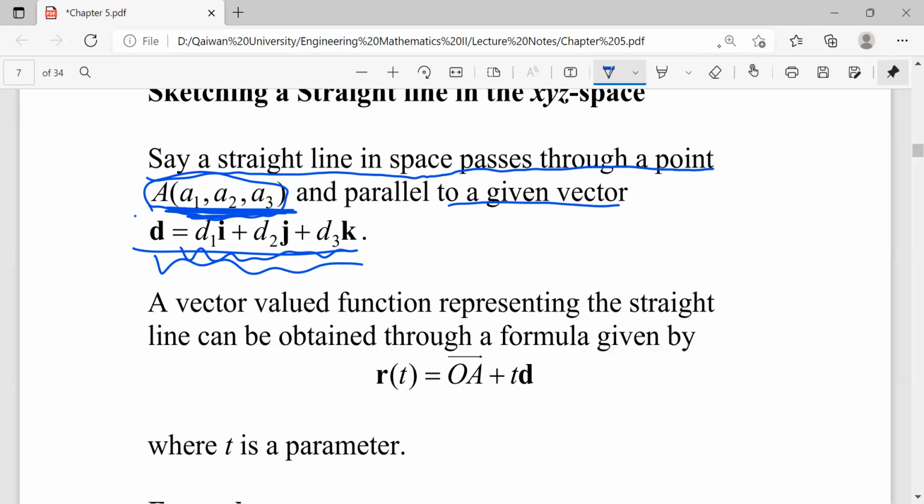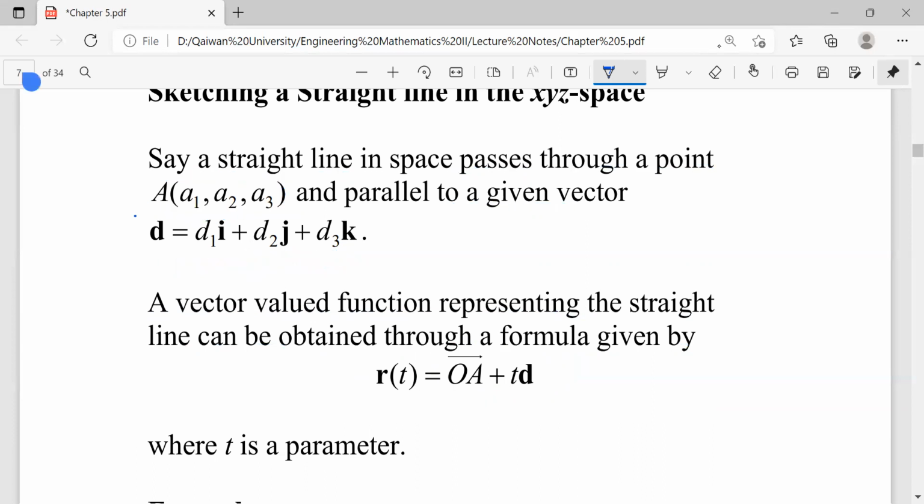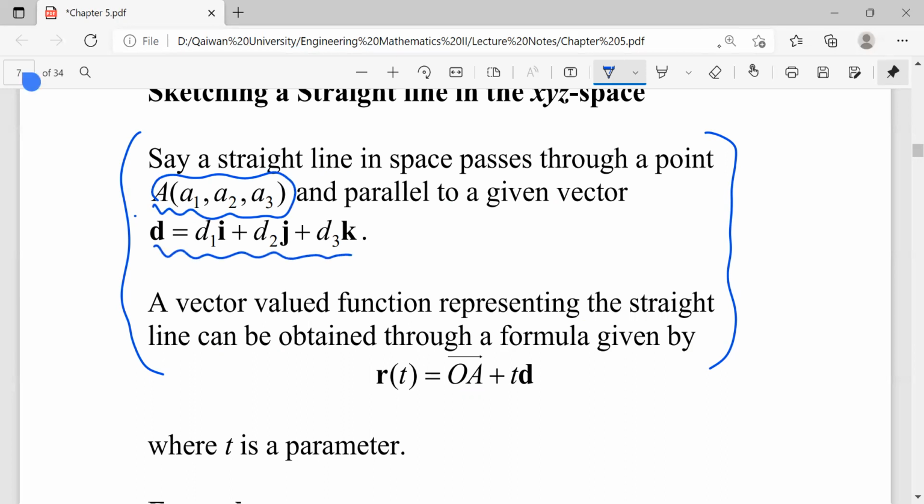In this type of question, to find the equation of the straight line, you have to be given a point and also a vector parallel to the straight line.